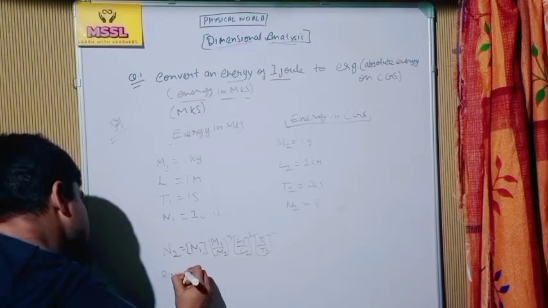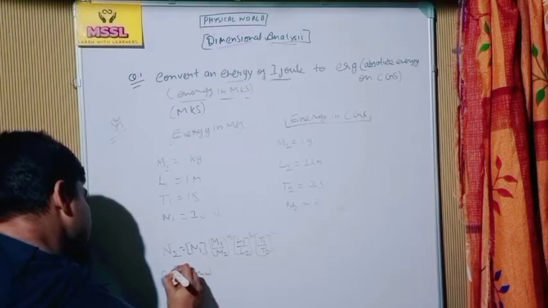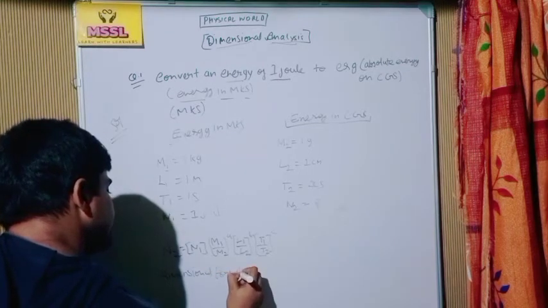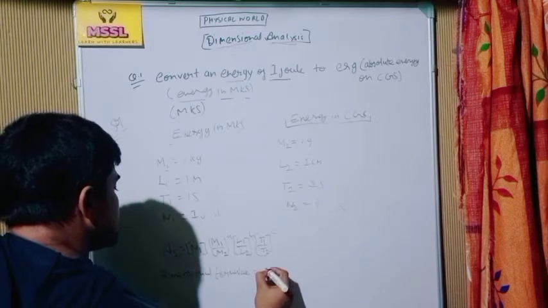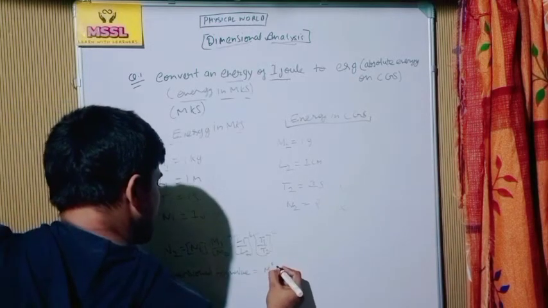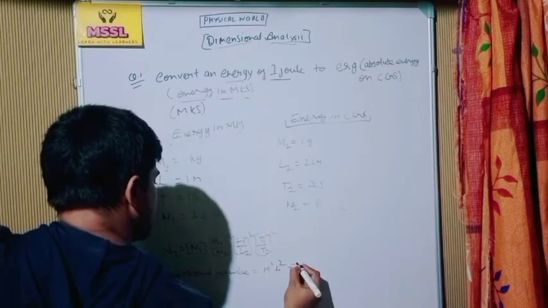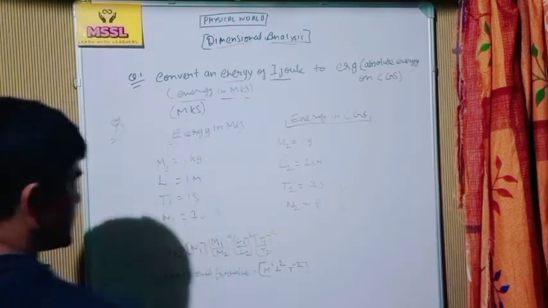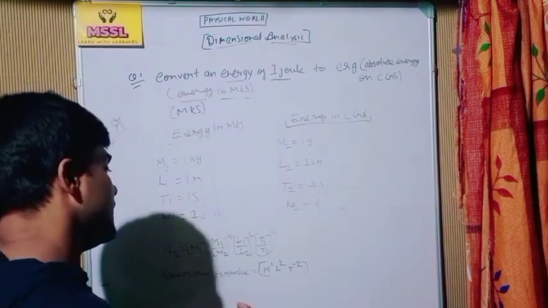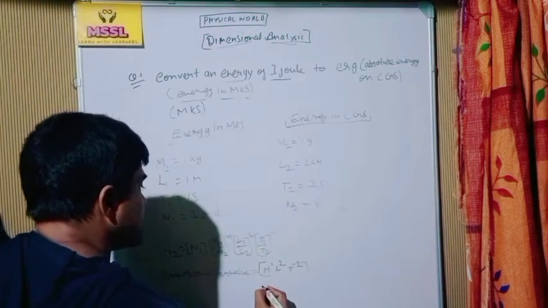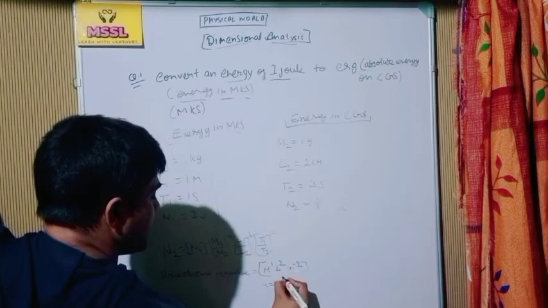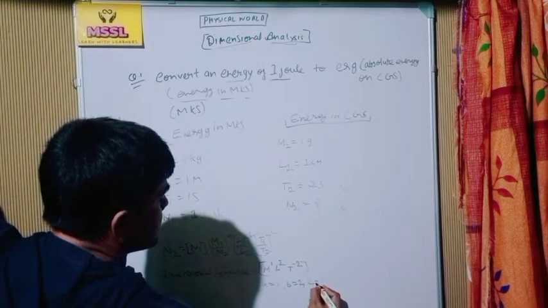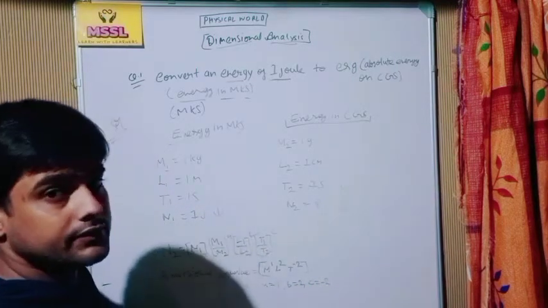So the dimensional formula for energy is M L squared T to the power minus 2. This is the standard dimensional formula for energy, and from here we can figure out what A, B, and C are.